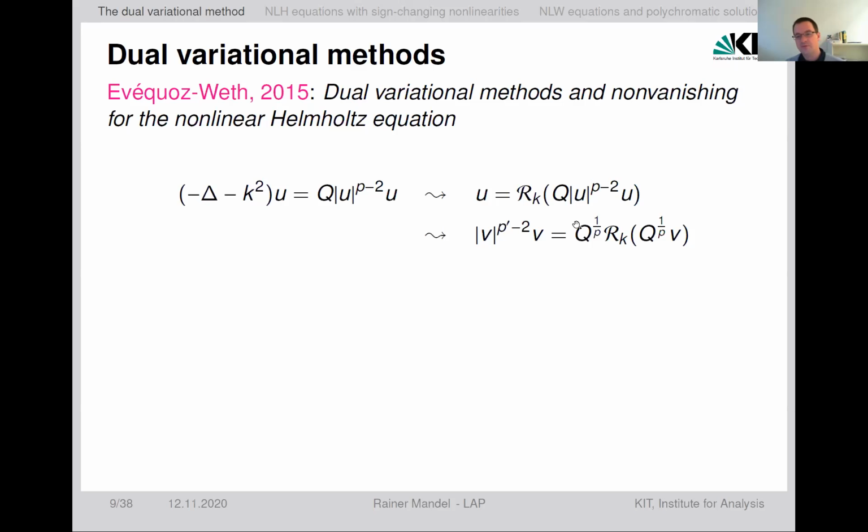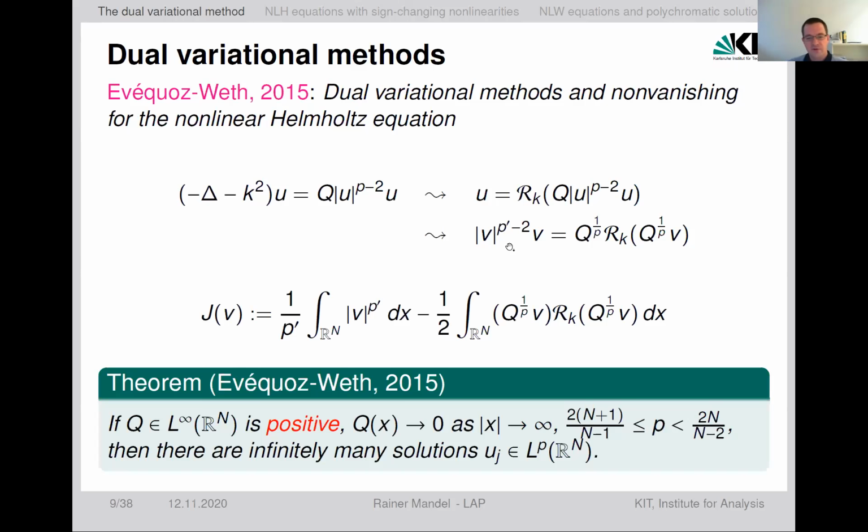This variable substitution makes sure that you have a variational structure in V, and you can define your energy functional for this equation and obtain the existence of critical points. Let me mention that Evequoz and Weth even obtain infinitely many solutions under these conditions, because they could apply the symmetric mountain pass theorem, because we have an even functional here. So this helps in obtaining infinitely many solutions.